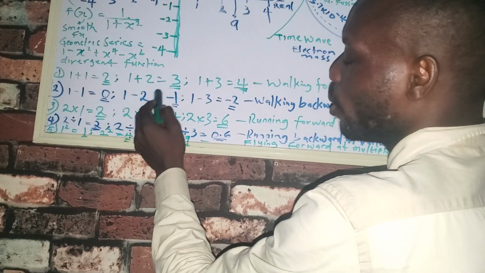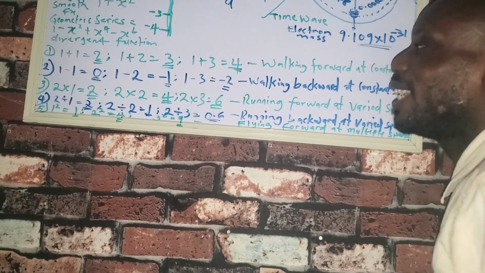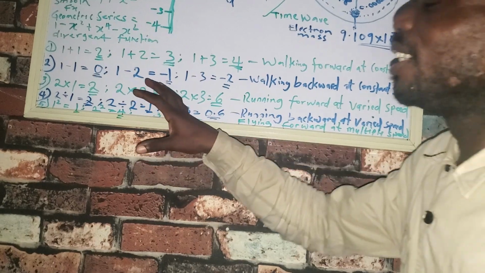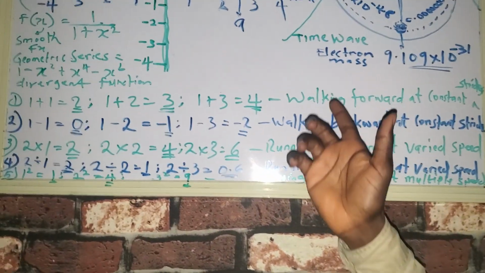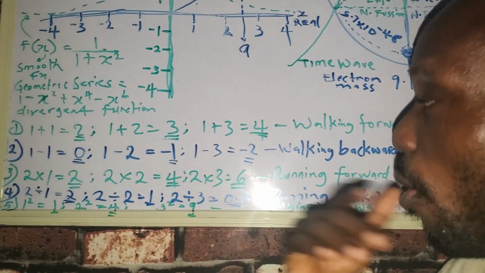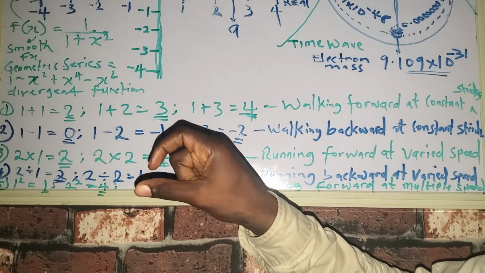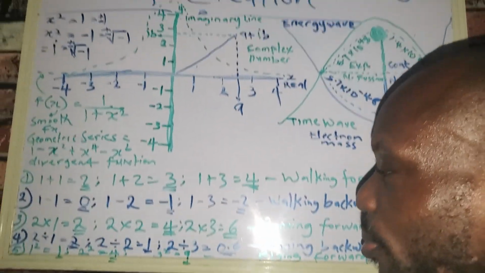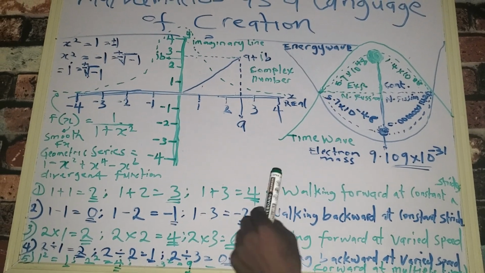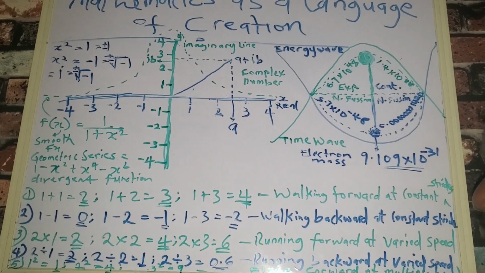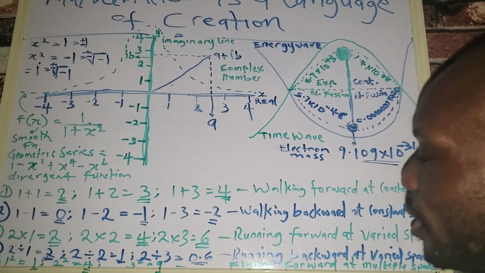Then when we continue, we discover something unique, something different. So we say 1 minus 2, we have minus 1. Then 1 minus 3, we have minus 2. Then we realize that the retrogression of the number operation has entered through the 0 into another side. And so we have to add another set of numbers to our number system. So we have negative integers.